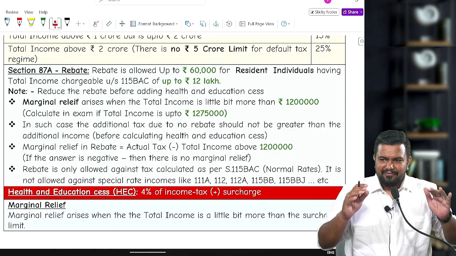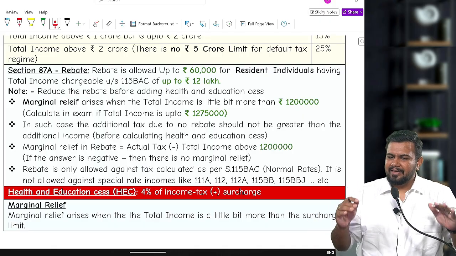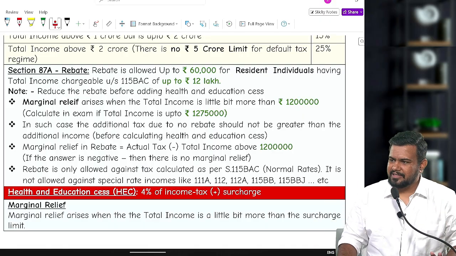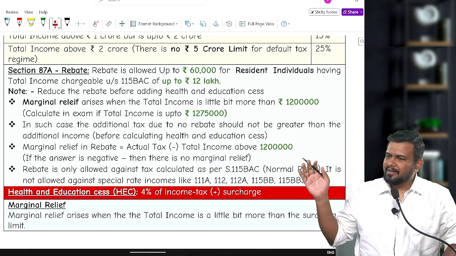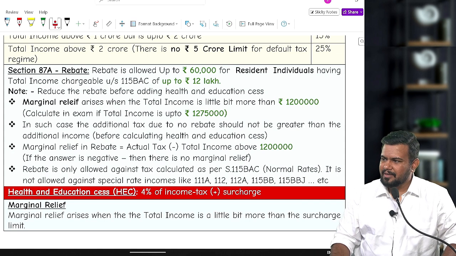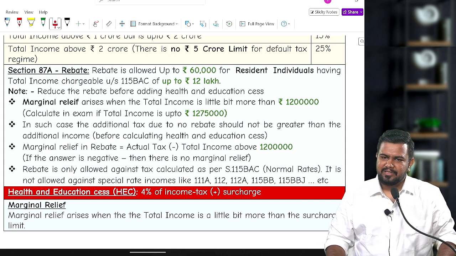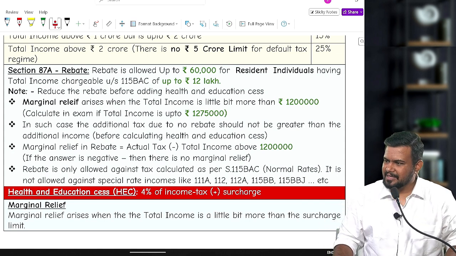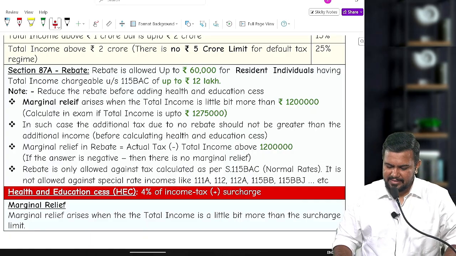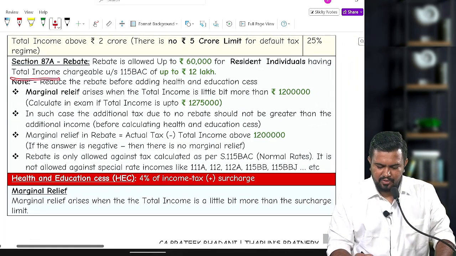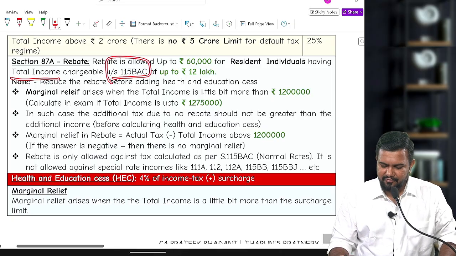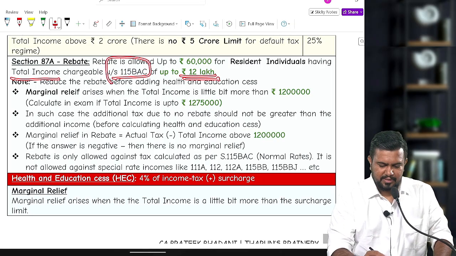But still, when this type of confusion is prevailing, ICAI does not test it for CA Inter. So if at all you get a question in the examination, then total income will be up to 12 lakhs, including special income also. So you need not worry much about how we will attend in the examination. It will not be tested in the examination. But still, total income means total income chargeable to tax under 115BAC up to 12 lakhs. So listen here.